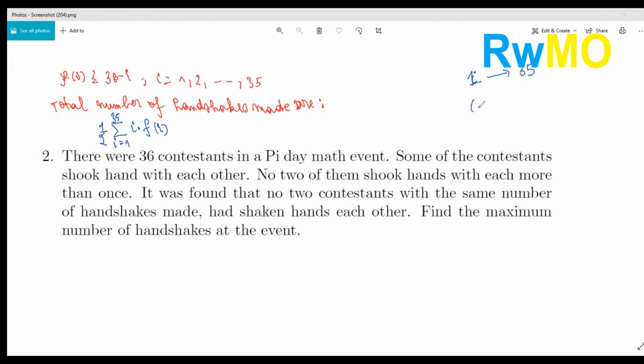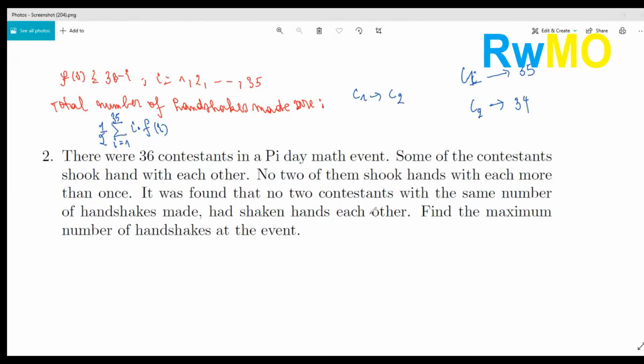So contestant 2, let's say this is contestant 1, shakes hands with 34, because if contestant 1 shakes hands with contestant 2, we are not counting the symmetry, the fact that contestant 2 will also make a handshake with contestant 1.